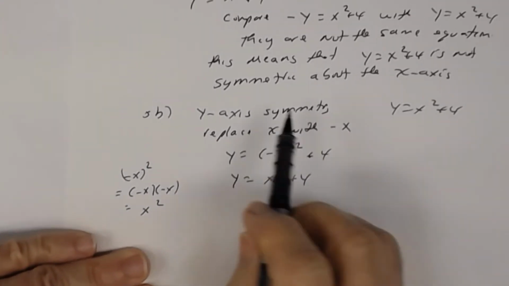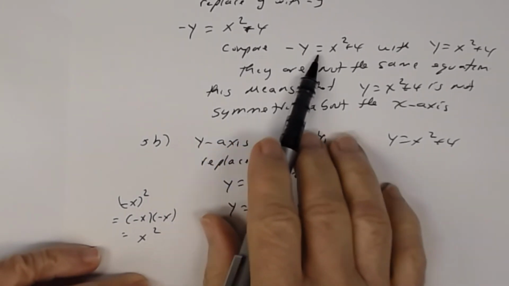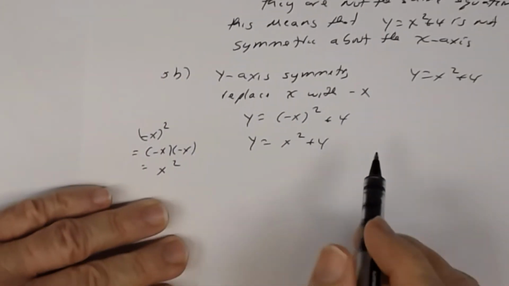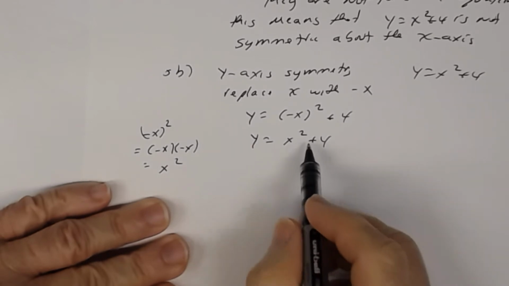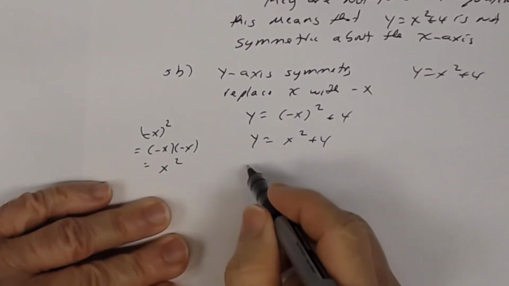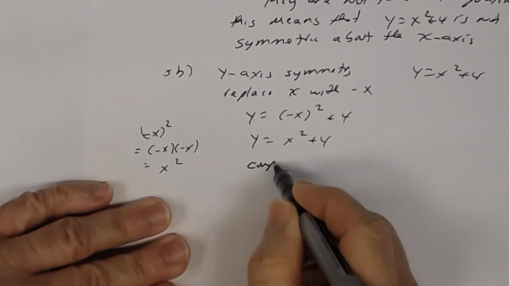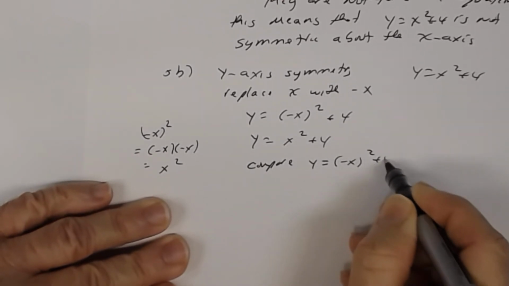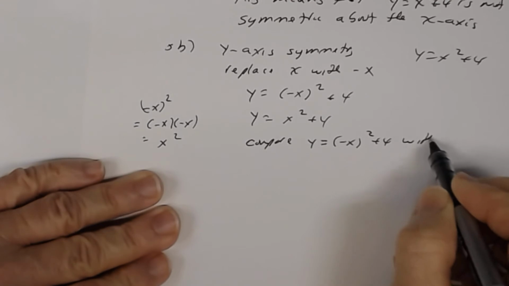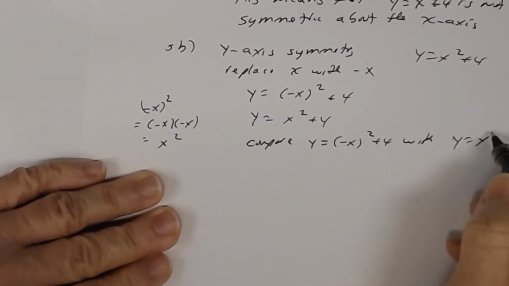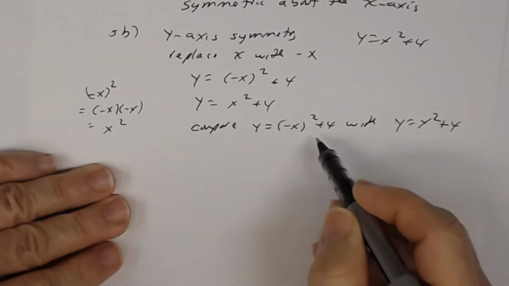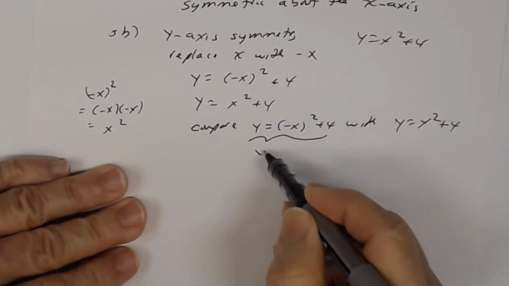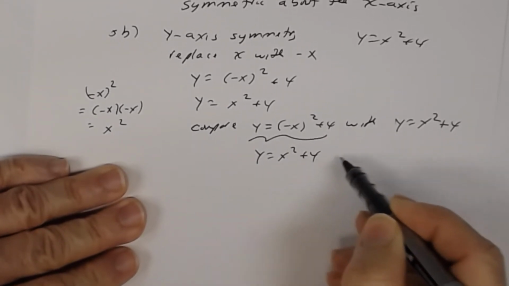And now compare that with the original. We're comparing y equals x squared plus 4 with y equals x squared plus 4.